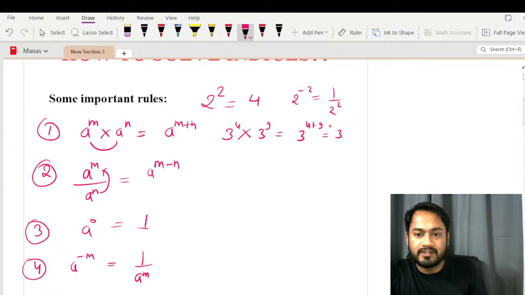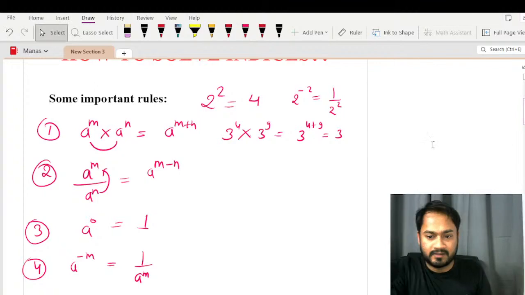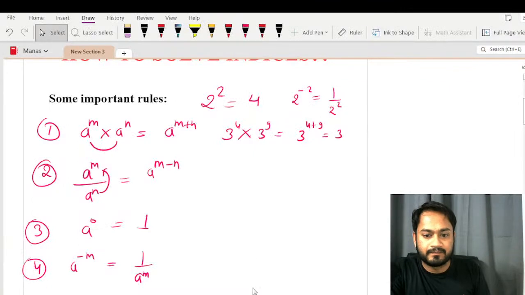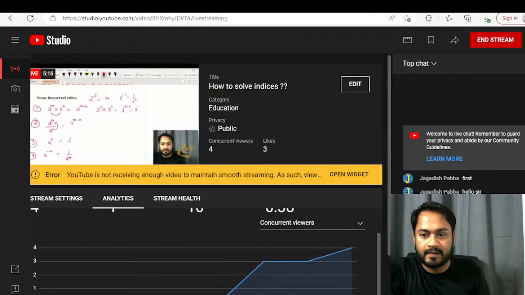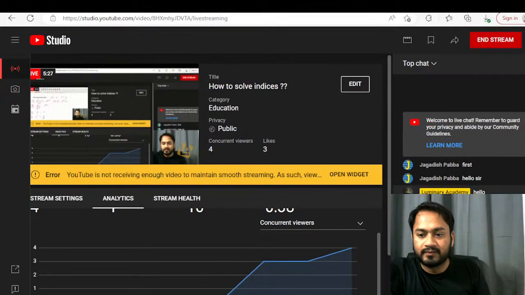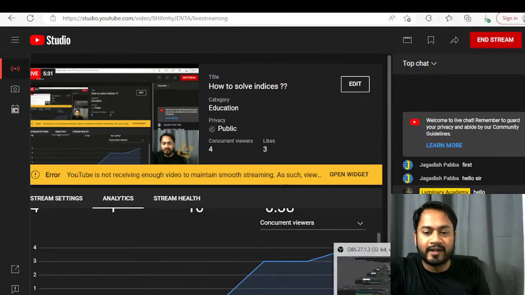Students, anybody who can answer this? No one? 3 raised to power 13. Very good, Abhay. So you are right.